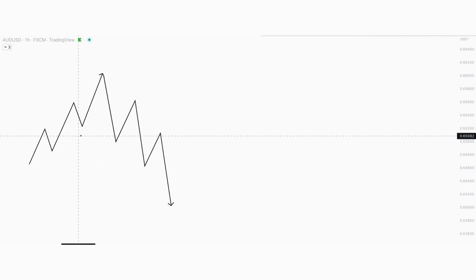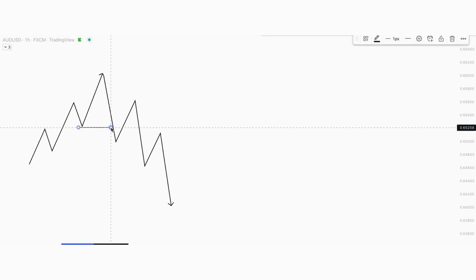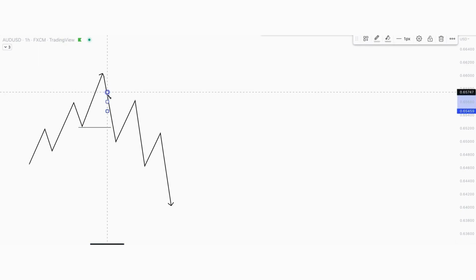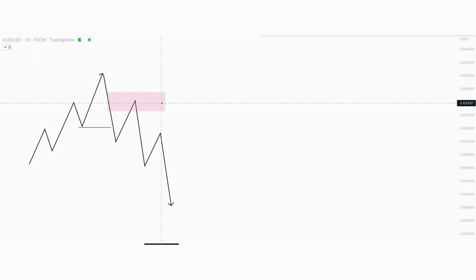It breaks the previous structure and it will create a demand, or rather a supply.